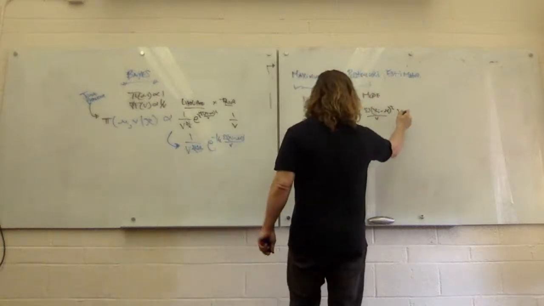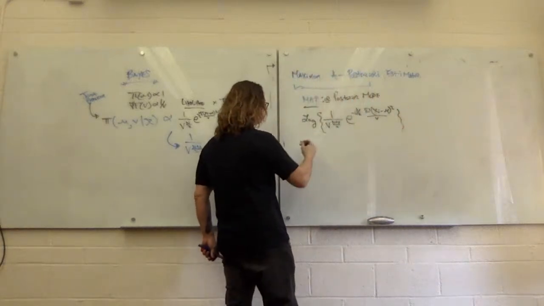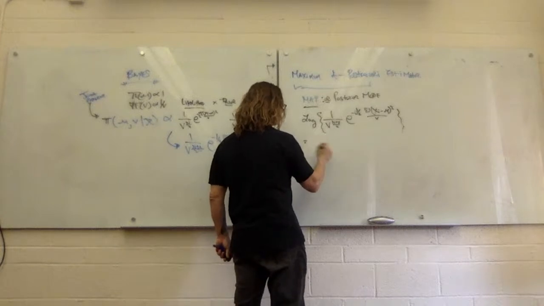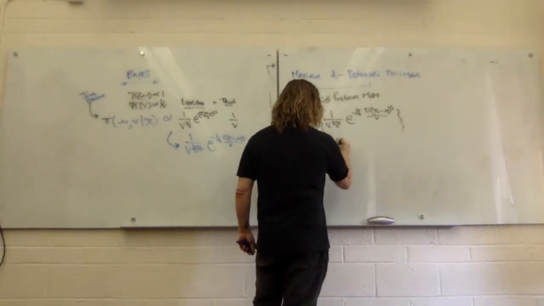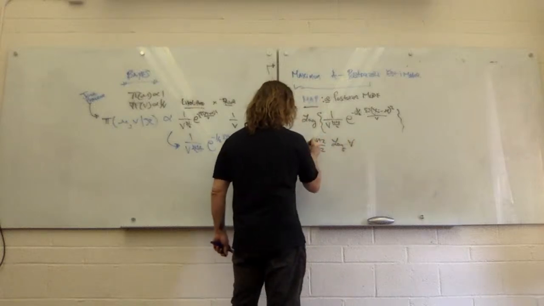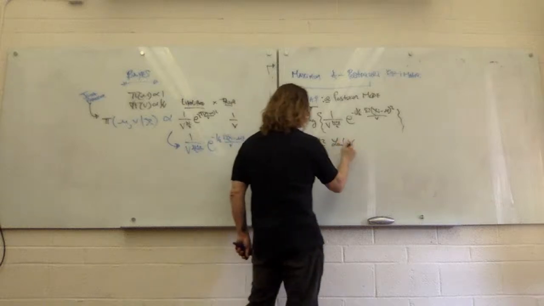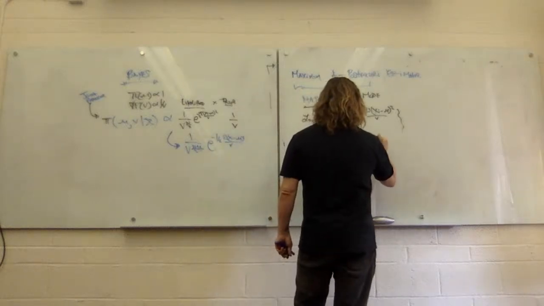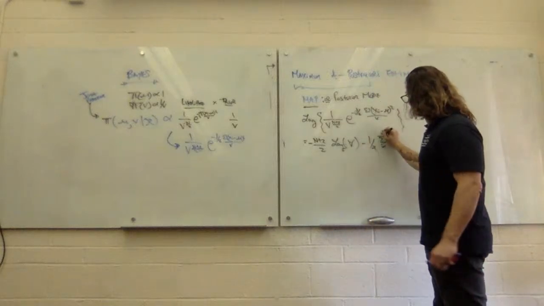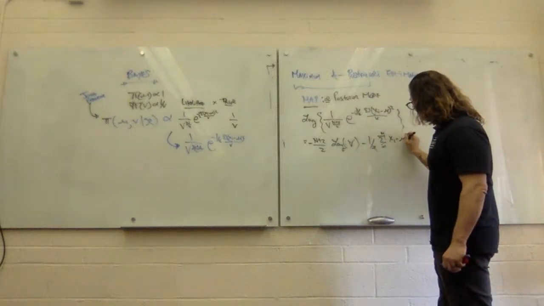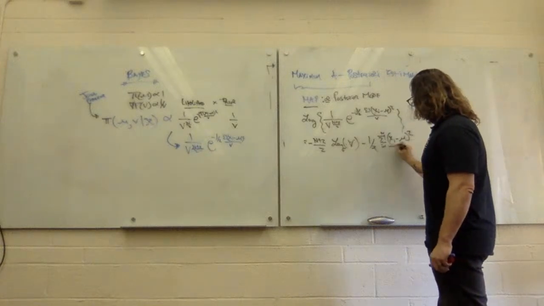I'm going to take the logarithm and then some derivatives. So this is going to look like negative (n plus 2) over 2 log v, minus 1/2 sum of the xi's minus mu squared over v.